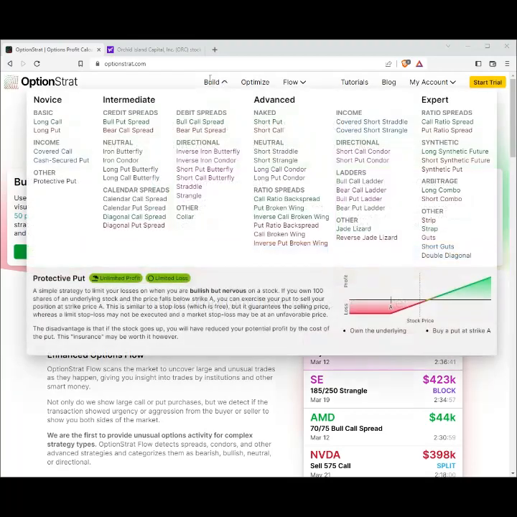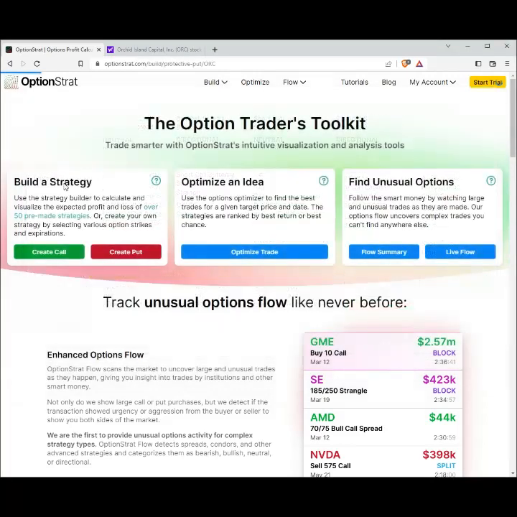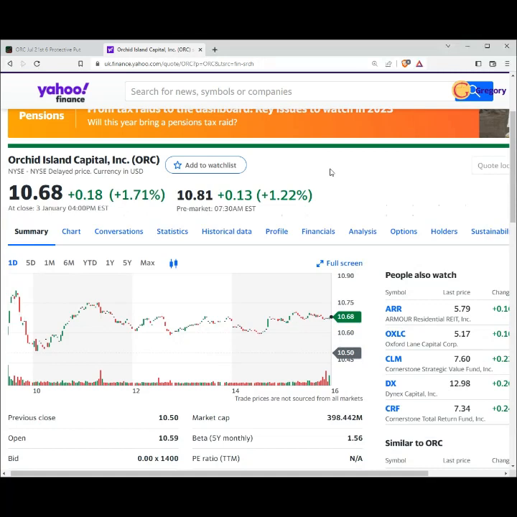Right, let's go to Optionstrat, and we click on the build drop down and we select the protective put option, and we're going to use the example of ticker symbol ORC to describe the protective put options trading strategy. So if we look at Yahoo Finance, at the moment, ticker symbol ORC on the 4th of January 2023 is trading for $10.68.